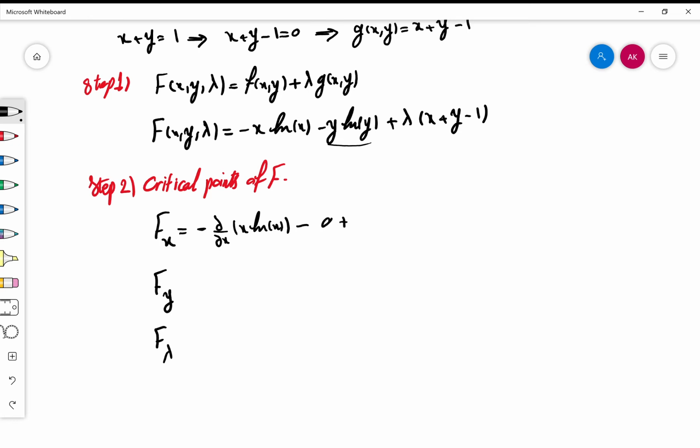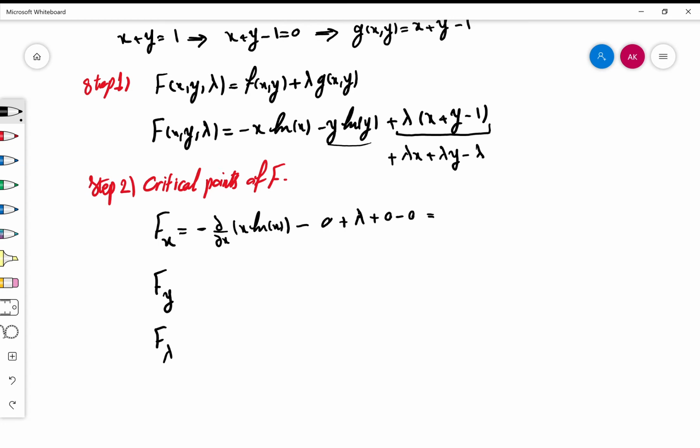Plus the third part: if I multiply lambda inside, I get lambda x plus lambda y minus lambda. If I differentiate this with respect to x, I just get lambda plus 0 minus 0.